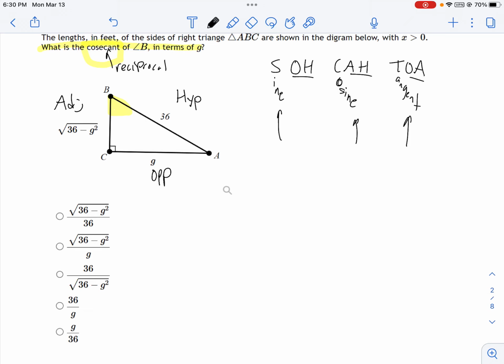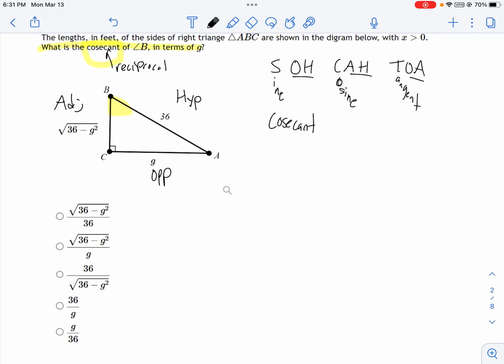Now how do we remember which reciprocal it is? I always think S with the C. So sine, its reciprocal has to start with a C. It can't be cosine because cosine's already in the SOHCAHTOA, it's already in the main three. So sine's reciprocal is cosecant, which is what we're looking for.